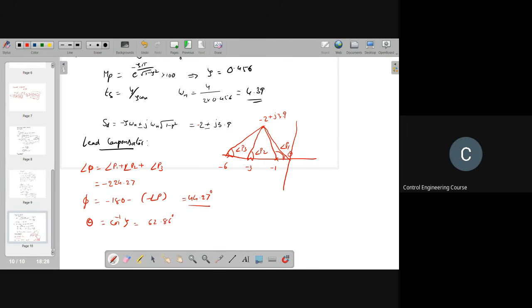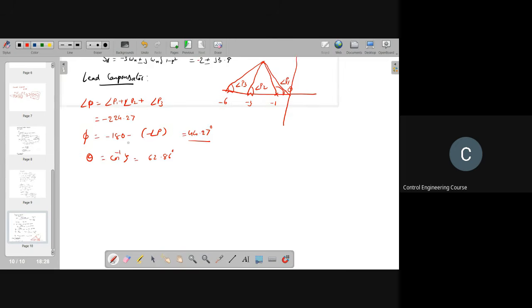Now using phi and theta, you have to calculate gamma. Gamma is 1 by 2 into 5 minus theta minus phi. Please refer to the last class lectures regarding this. Then you will get 36.43 degrees.